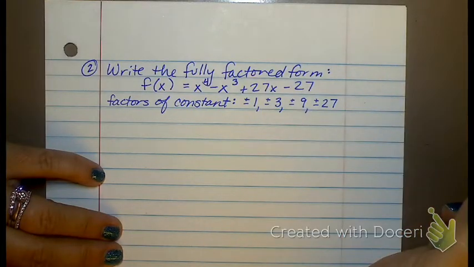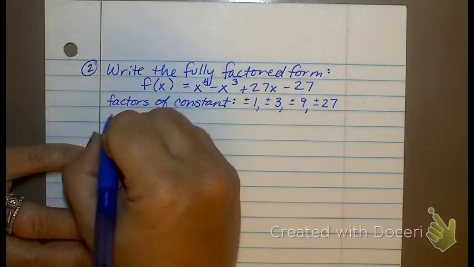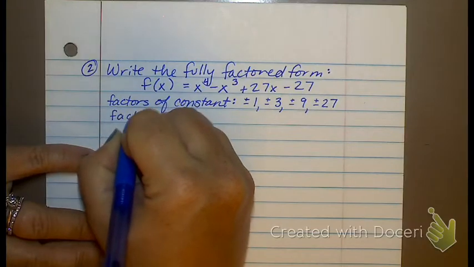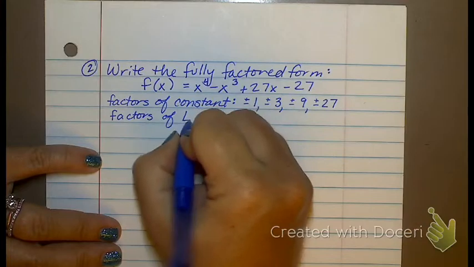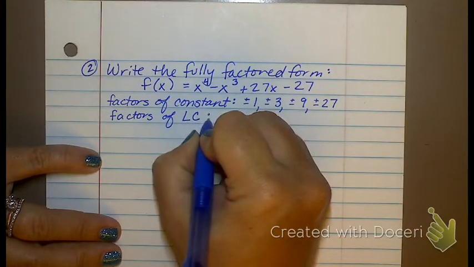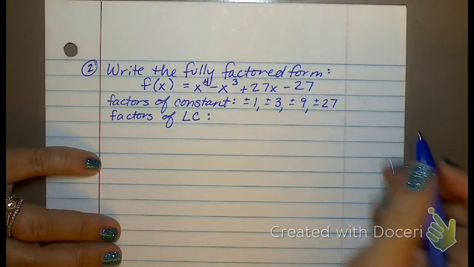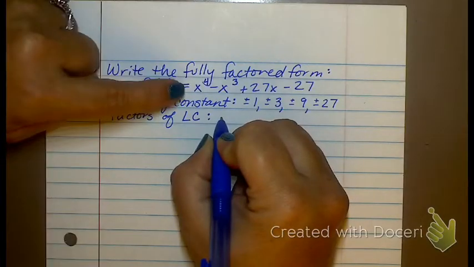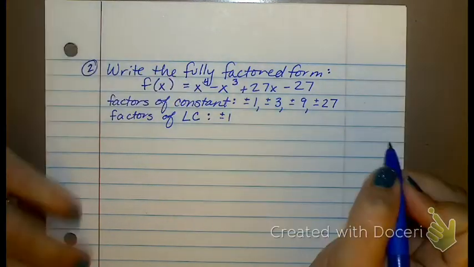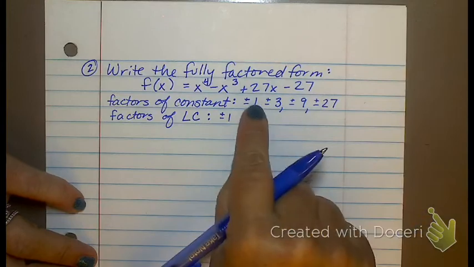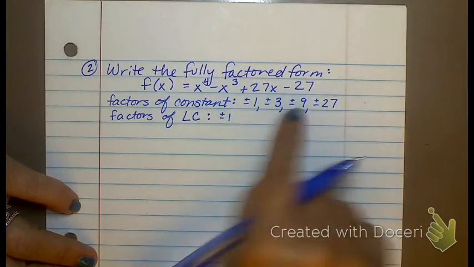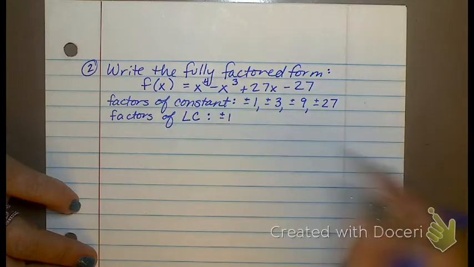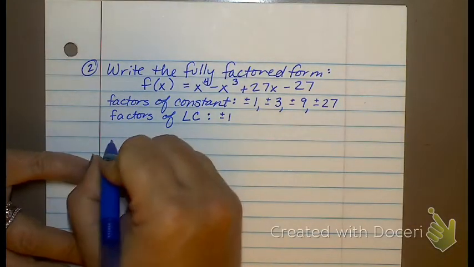That's not a ton. Then I find the factors of what? Leading coefficient. What's my leading coefficient? 1. I like that because there's only one possibility. So if I set up fractions 1 over 1, 3 over 1, 9 over 1, and 27 over 1, I come up with my list of possibles.